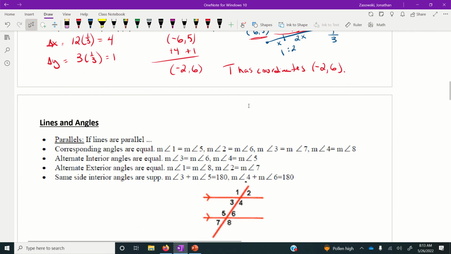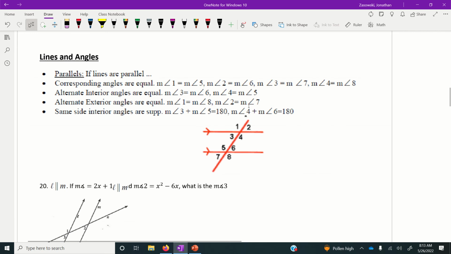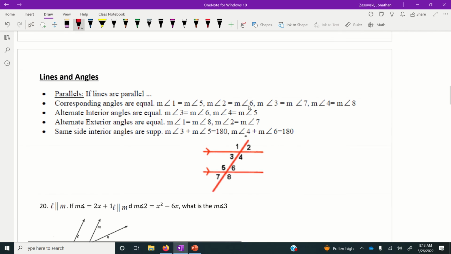And that is directed line segments. All right. Second part, lines and angles. So if we remember our parallel lines cut by a transversal, okay? As long as these two lines are parallel, we're going to have some angle pairs that are equal. Now remember, the short version of this was we said that there are a few types of angles. There are acute angles. There are obtuse angles.